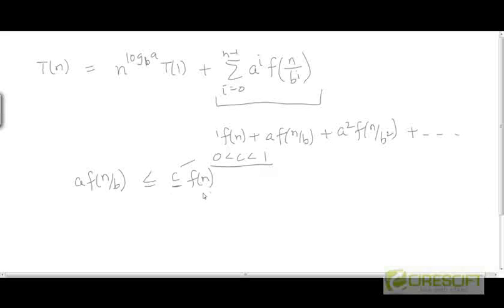So if this condition is true, that means the ratio of the second term and the first term is less than 1. The c is less than 1. So if we take f of n here in the denominator, the ratio of these two terms will be less than 1.